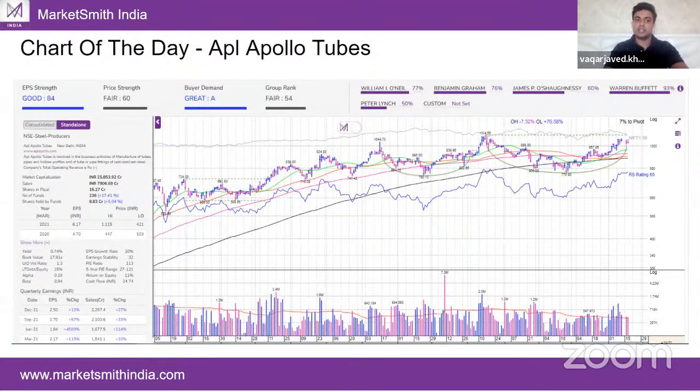The number of funds and the share held by funds is also increasing by around 17.4% and 5% respectively. The stock is trading well above its key moving averages and is forming a stage 2 cup base and is trading 7% from its pivot. Let's see how the stock behaves around the pivot and if it's able to provide a clean breakout or not.